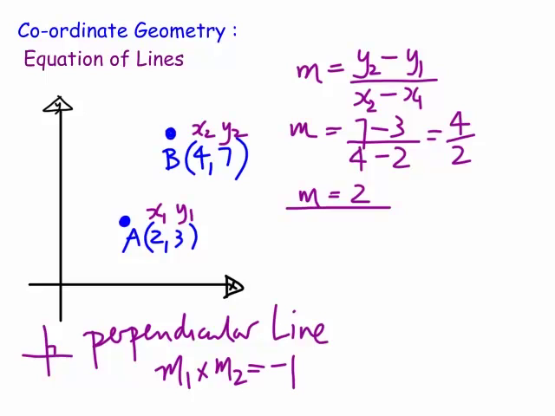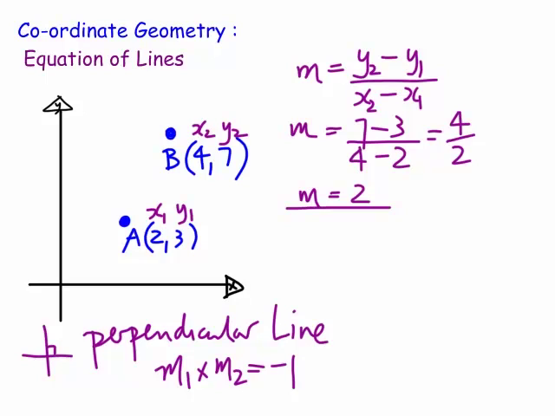So this line has a slope of 2. The one which would be perpendicular to it would have the negative reciprocal, which is -1/2. If you multiply those two gradients, -1/2 and 2, together, you get -1. So if the product of the two gradients is -1, the two lines are in fact perpendicular.